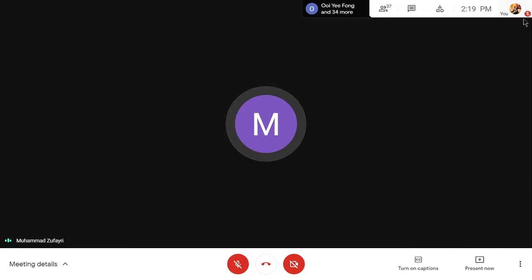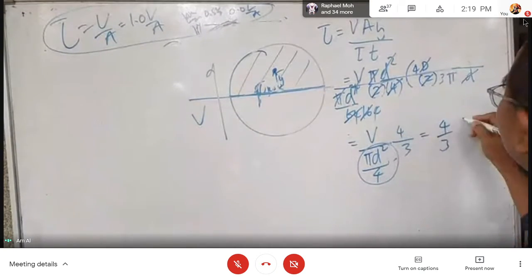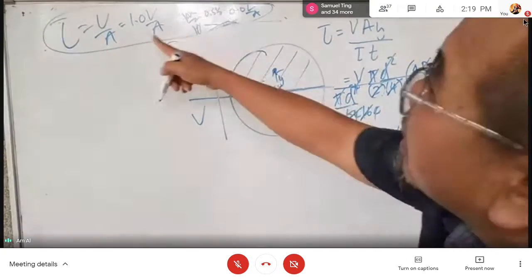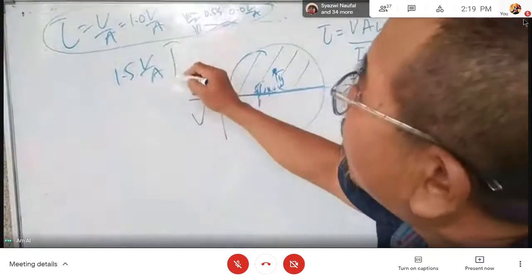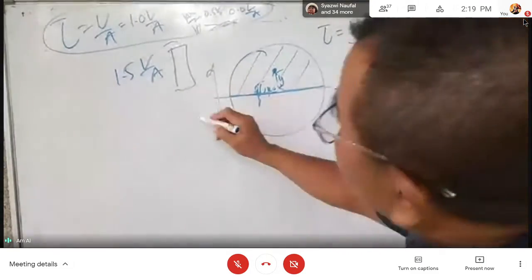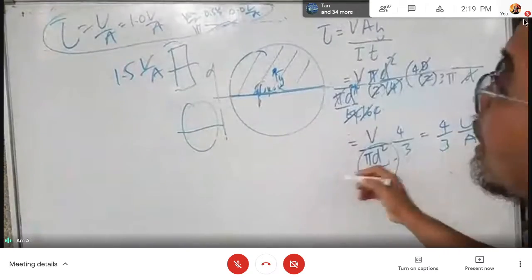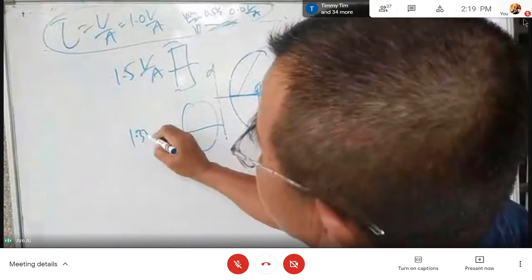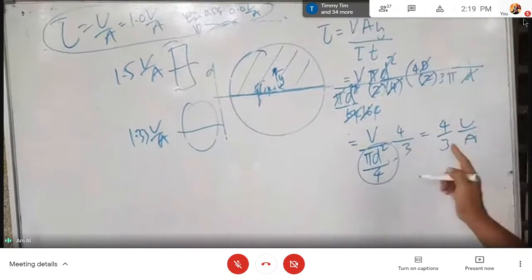So we have 4 over 3 V divided by the area. Remember just now we have 1.5 V over A for the square one. Now for the circular one, what is the maximum value? 1.33 V over A. This is what I mean, 4 divided by 3 V over A.